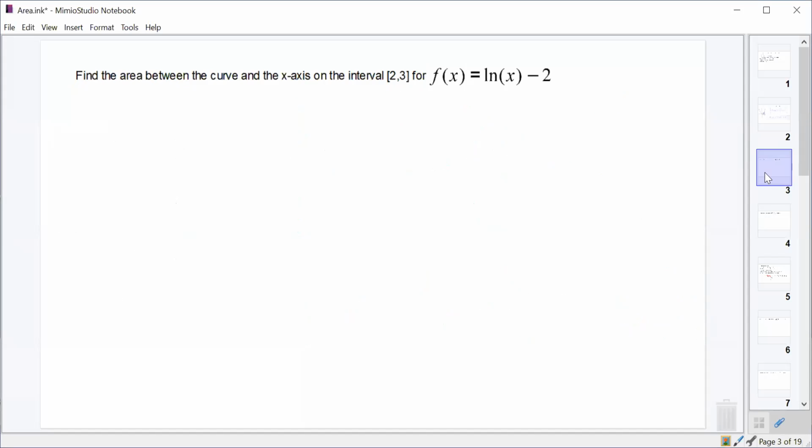Okay. Let's take a look at finding the area between the curve and the x-axis on the interval from 2 to 3 of natural log of x minus 2. So what does natural log of x minus 2 look like?